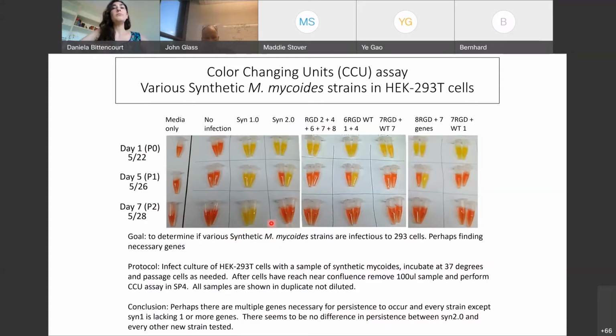Through the change in pH of the media, showing cell growth, you can see which strains were present in the mammalian culture over time. That's how we identified the strains that were capable of growing in mammalian cells.